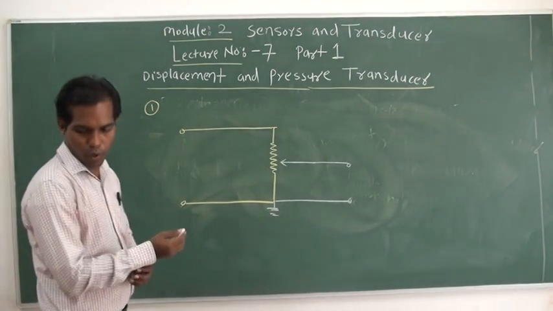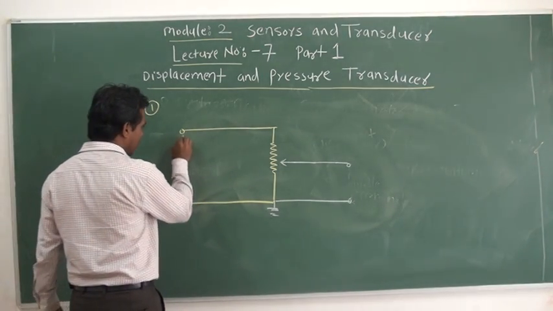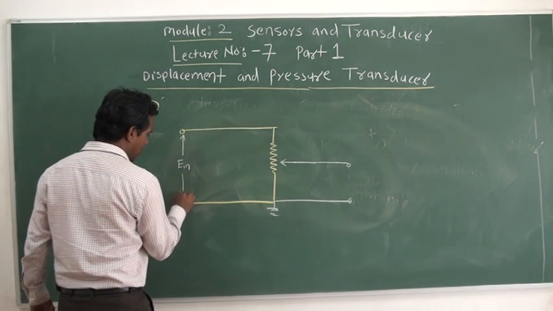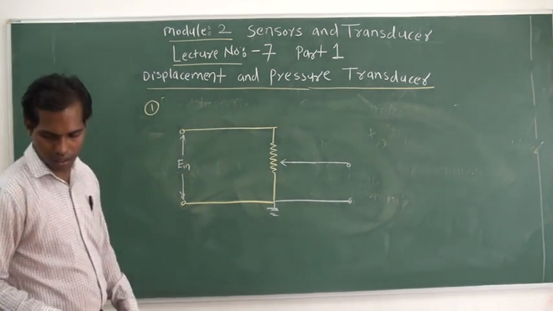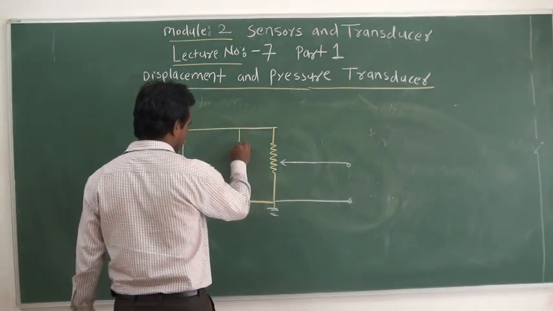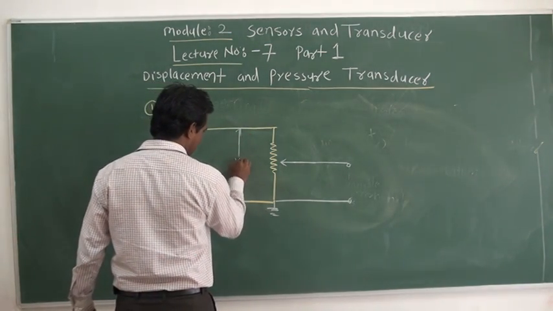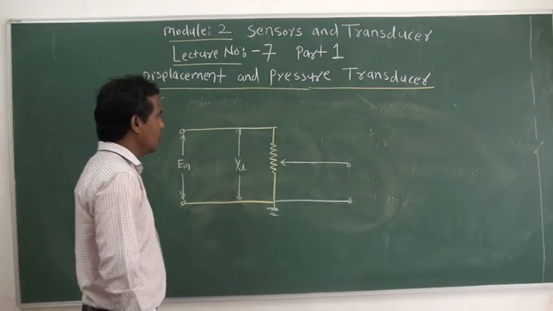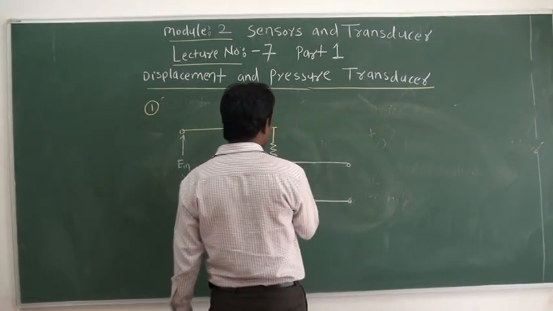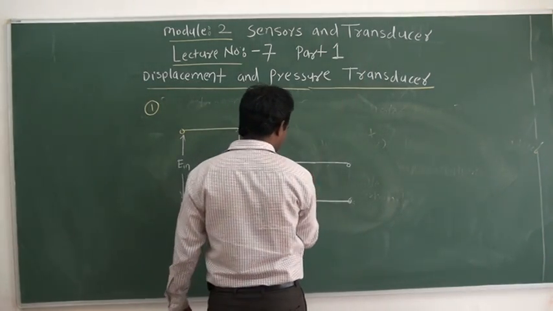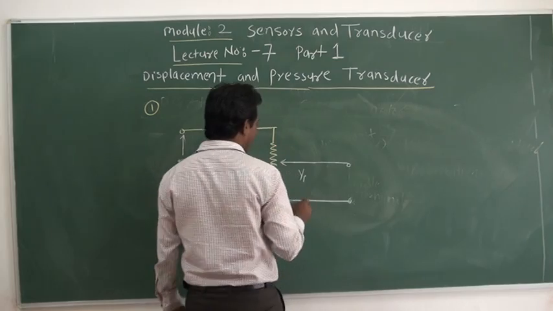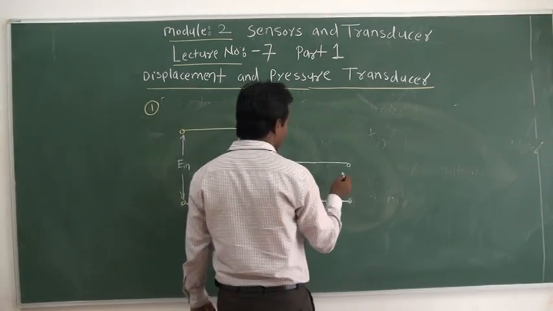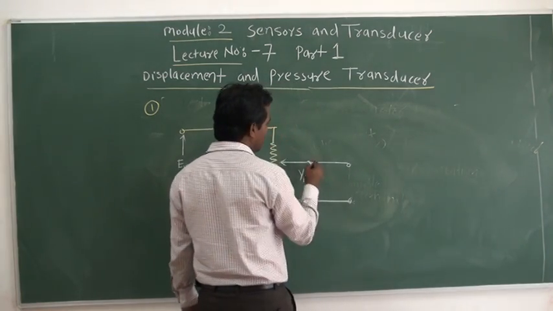Here the input voltage, that is the fixed terminal, we apply the input voltage E. Yi is a linear displacement of a wiper from its initial position.